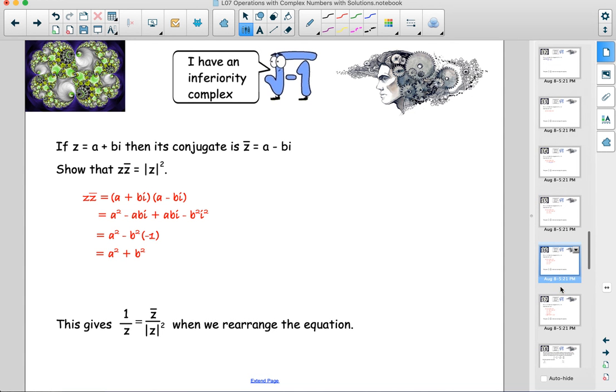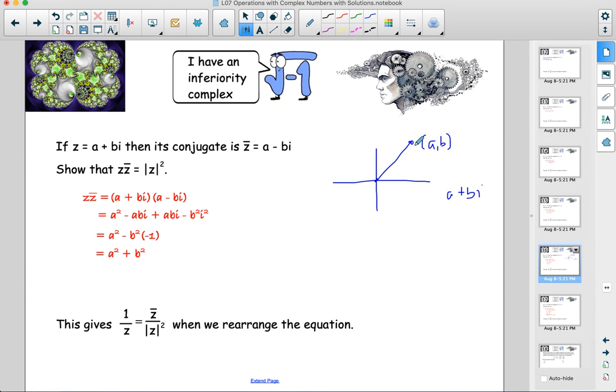But we did learn on a previous slide, let me just come back to this, what is the magnitude or the modulus of a complex number. So this is a plus bi.